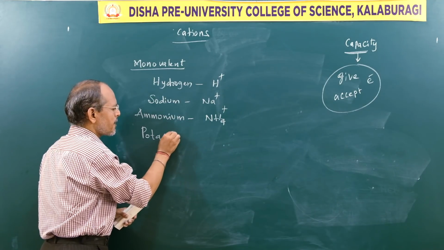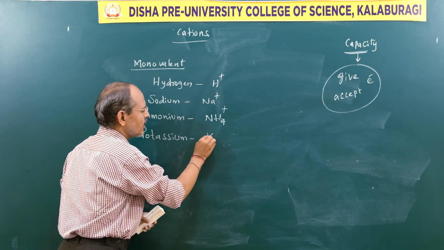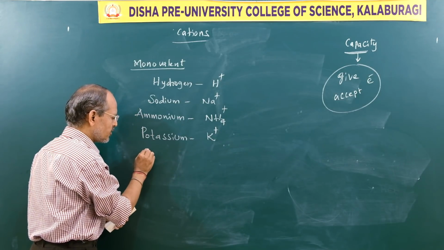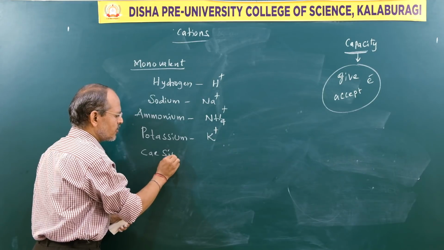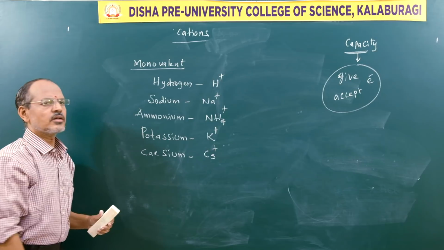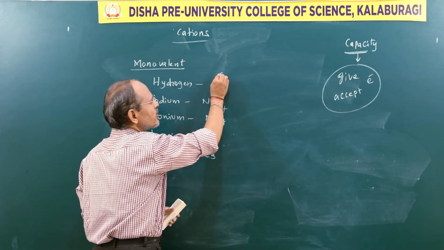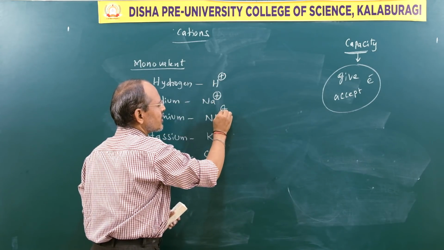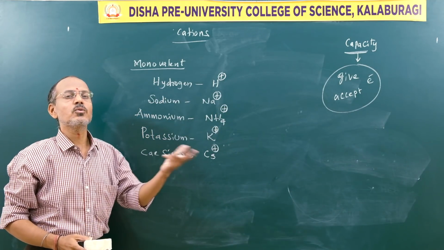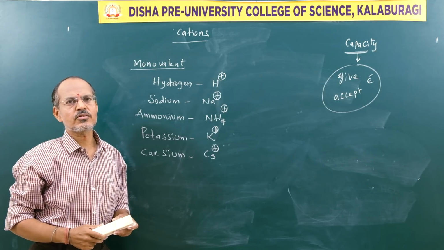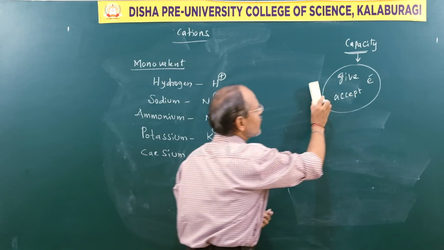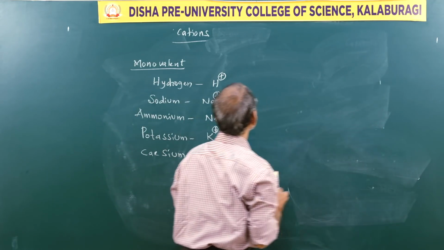Potassium, K plus. Cesium, Cs plus. That means this plus sign indicates they have a capacity or ability to give up one electron. Now this is monovalent. Only a few I am going to quote here.